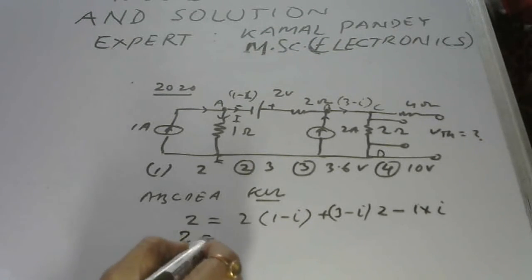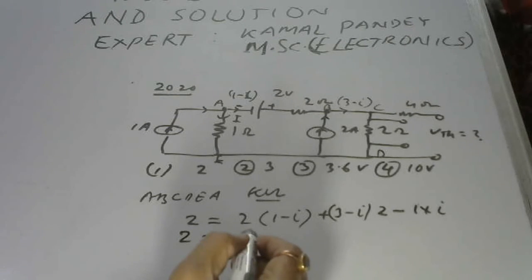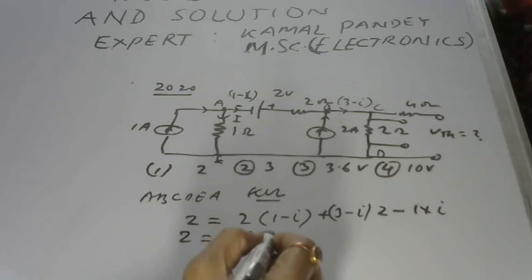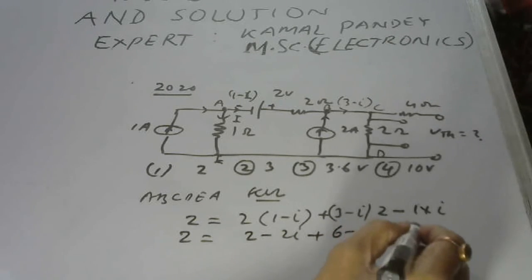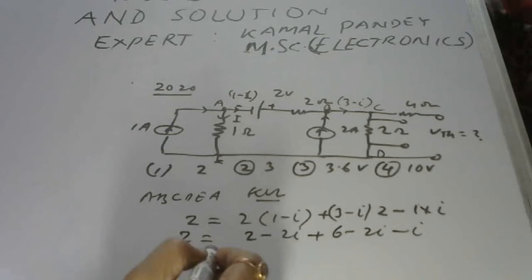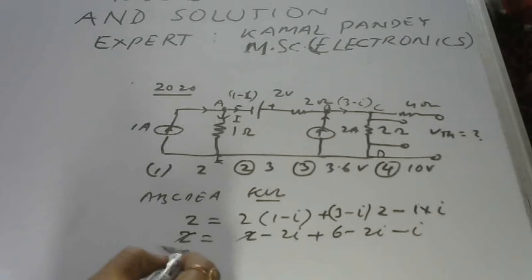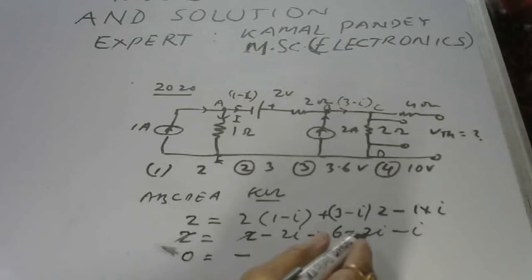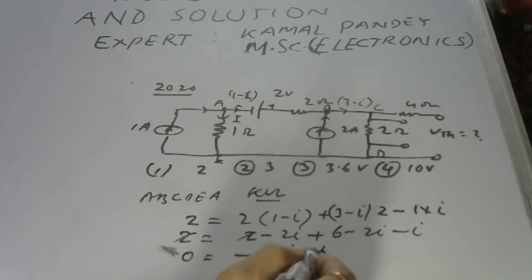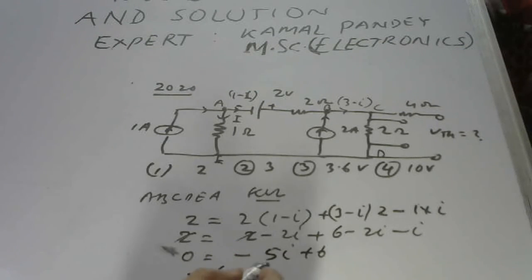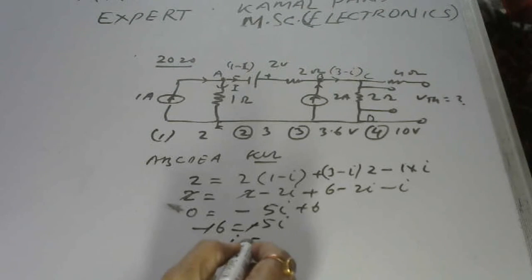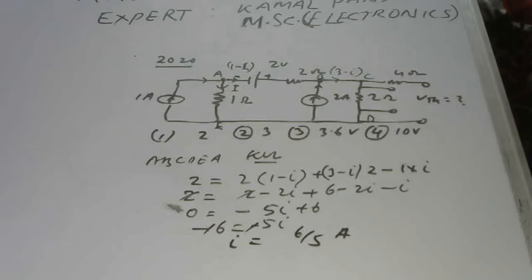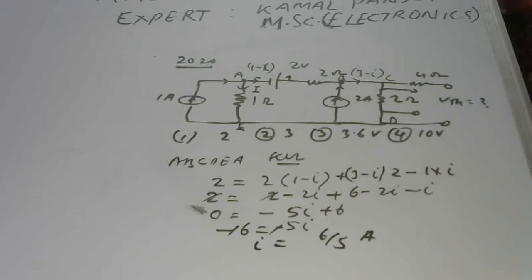So using Kirchhoff voltage law, 2 minus 2I plus 6 minus 2I minus I. The 2 cancels out. 0 equal to minus 5I plus 6. So minus 6 is equal to minus 5I, minus cancels out. The value of I is equal to 6 upon 5 ampere.